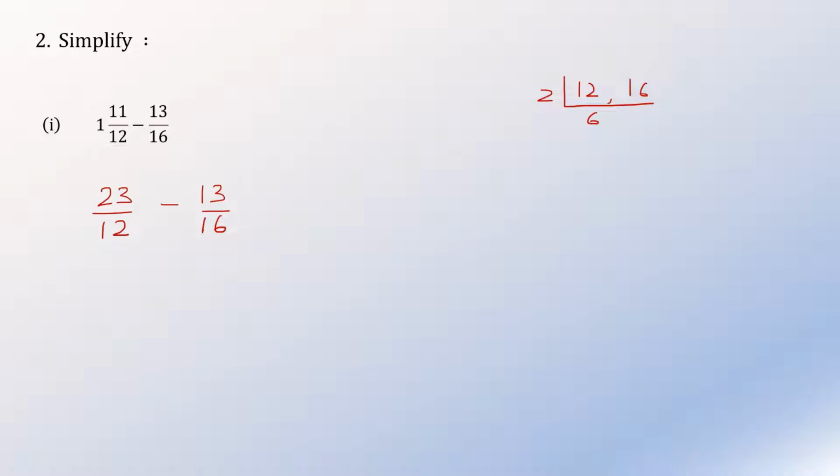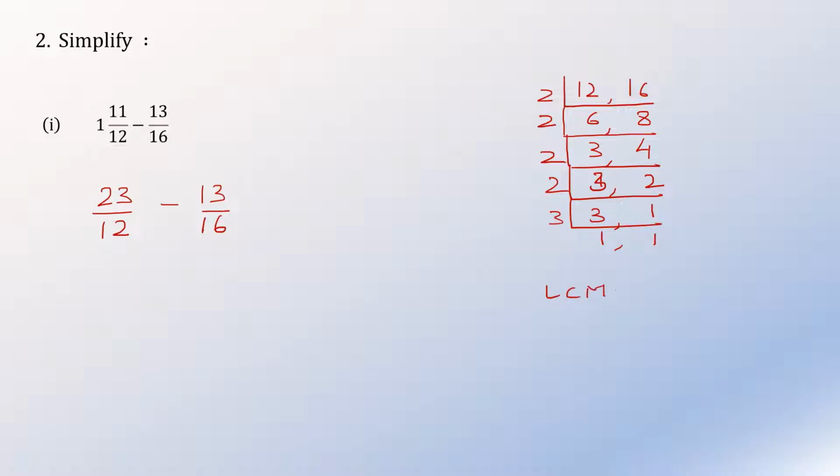2 6s are 12, 2 8s are 16, 2 3s are 6, 2 4s are 8, 2 1s, I bring down 3 as it is, 2 2s are 4, I continue with 3, I bring down 3, 2 1s are 2, 3 1s are 3.